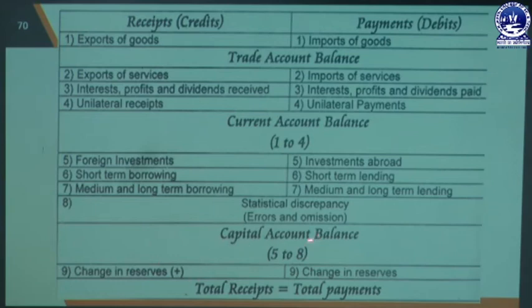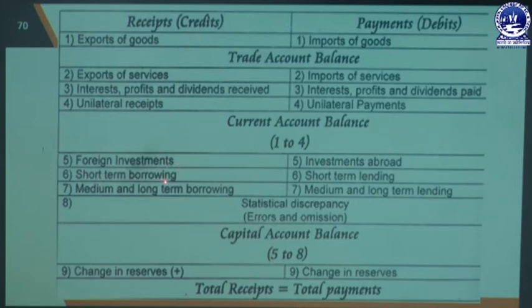Next is the capital account. These are the components of the capital account. Foreign investment, for which there are capital inflows to the country, is recorded on the credit or receipt side.